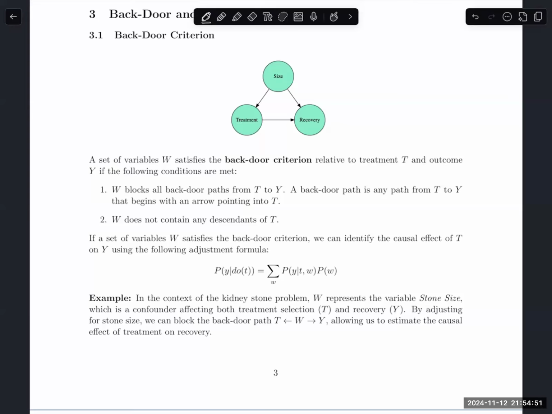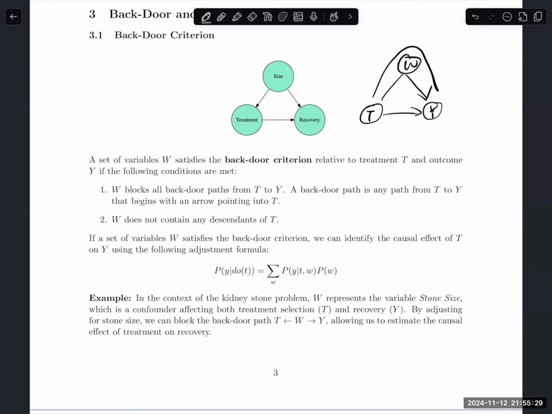So we can draw the DAG with this notation. It is like this one. This is the treatment, this is the outcome, and these are the confounders. For the first condition, a backdoor path is a path from T to Y that starts with an arrow pointing into T. So we can see here, this one is a backdoor path, and W blocks the backdoor path right here.